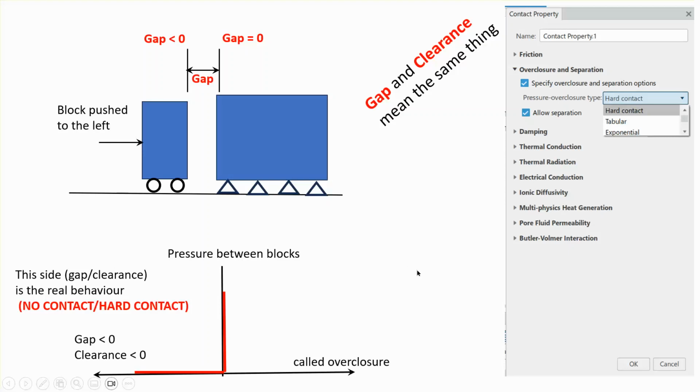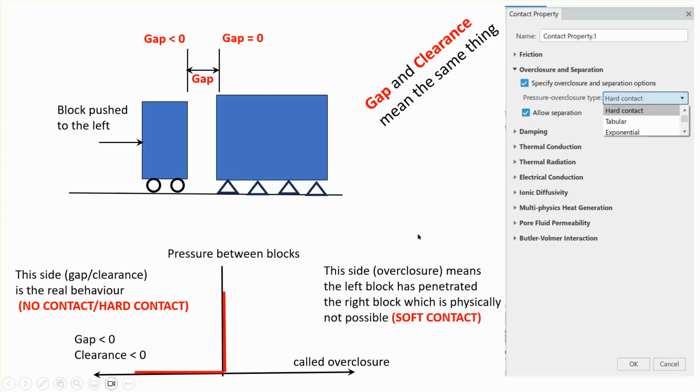Now, the problem is we may pretend that actually what's on the right happens, and that is called soft contact, and I'll tell you why. Physically it's not possible. However, because there is a sudden change in pressure from nothing to whatever it happens to be, this may cause a lot of convergence problems.